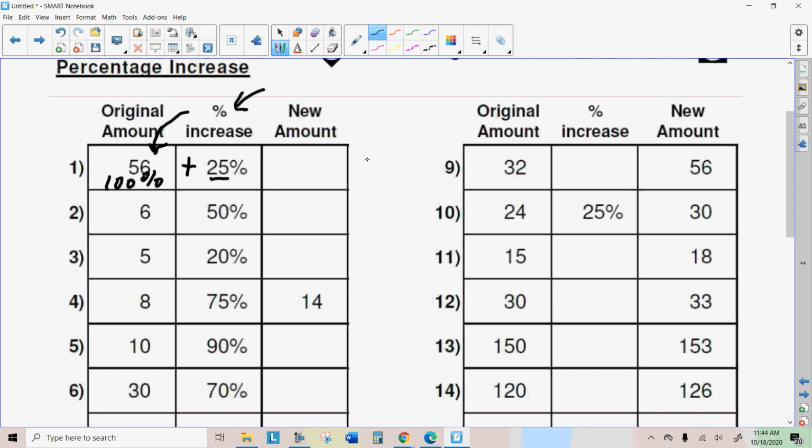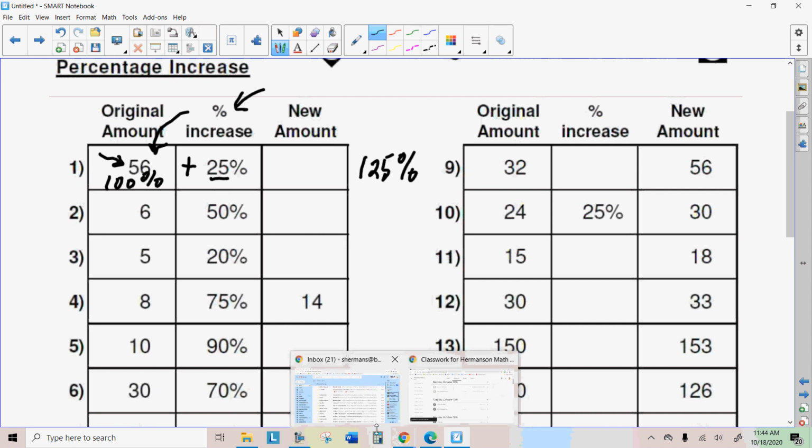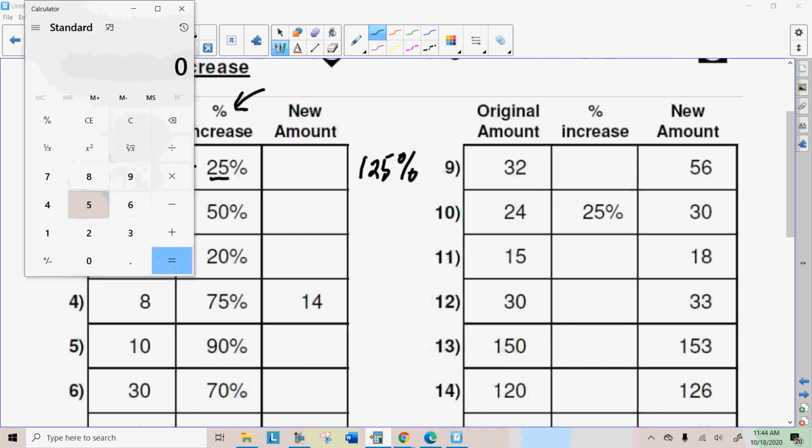So your new amount will be 125%. Now your new amount is the part, and the original amount is the whole. So one thing I know about that is whenever you're finding the part, it's a multiplication problem. So here's the multiplication I'm going to do to get this answer.